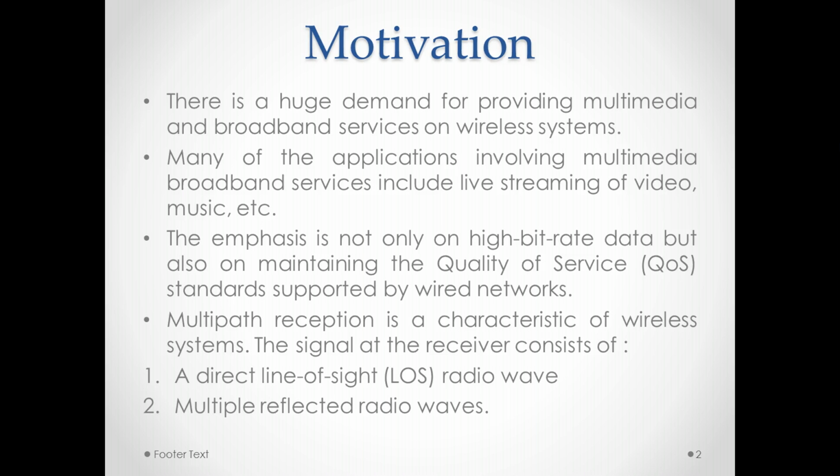When we think of wireless communication, a characteristic of such a wireless system is that of multipath reception. The signal at the receiver consists of two types of waves. One is a direct line of sight radio wave, and another is a set of multiple reflected radio waves.